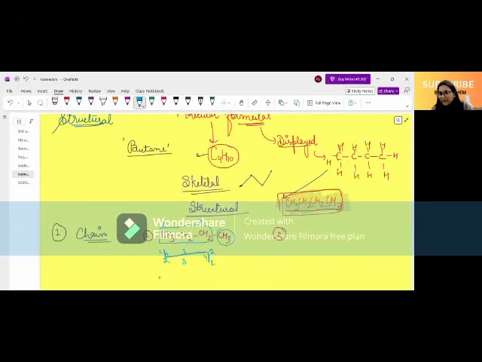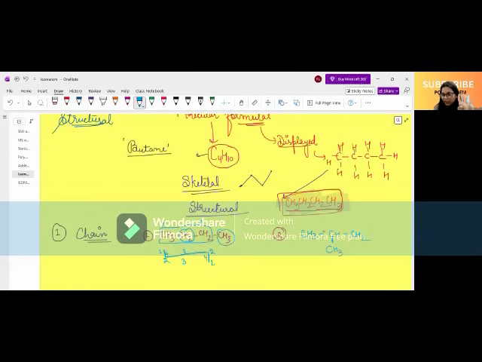If I cannot attach on the first, and I cannot attach on the last, what is the option left with me? I can only attach it in the middle, which gives CH3, CH, CH2. Keep in mind one thing: if you attach this CH3 over here, can the CH have CH2? No. Why? Because each carbon can have just 4 valencies.